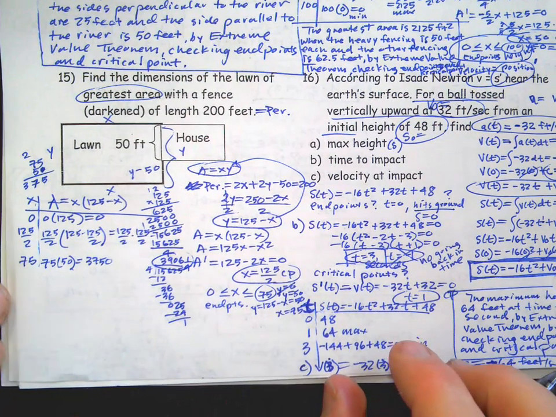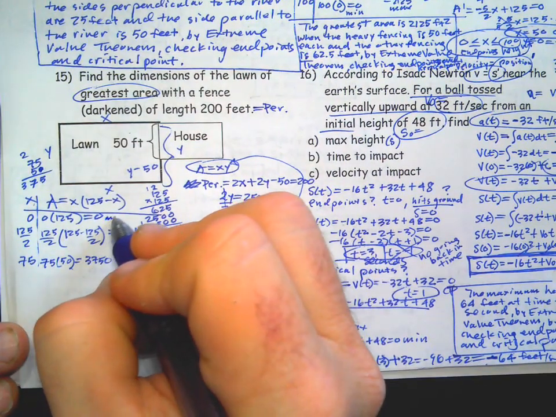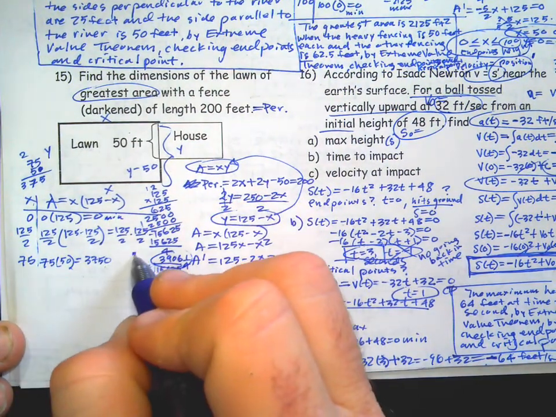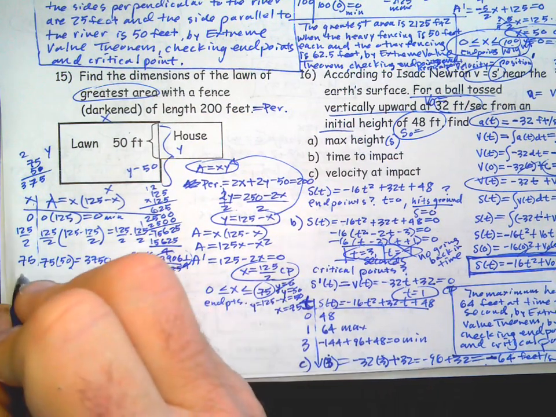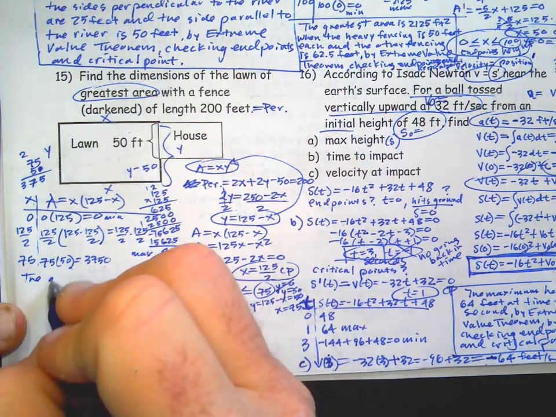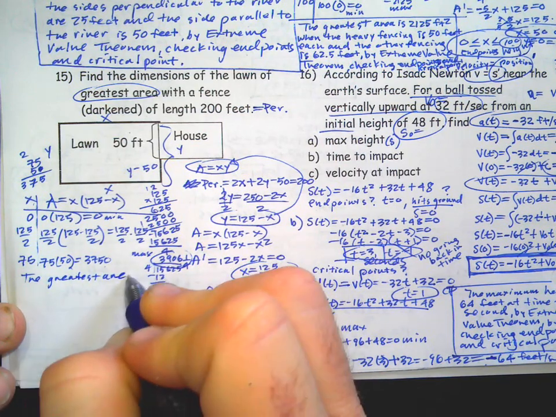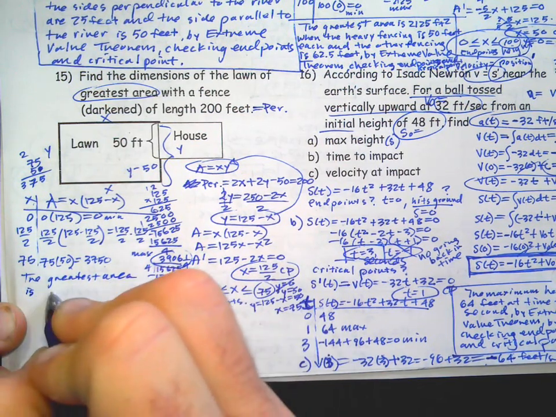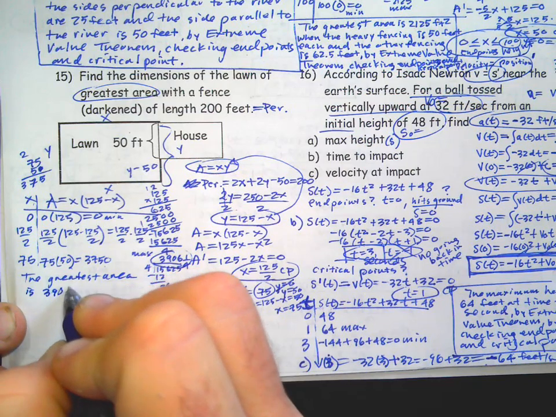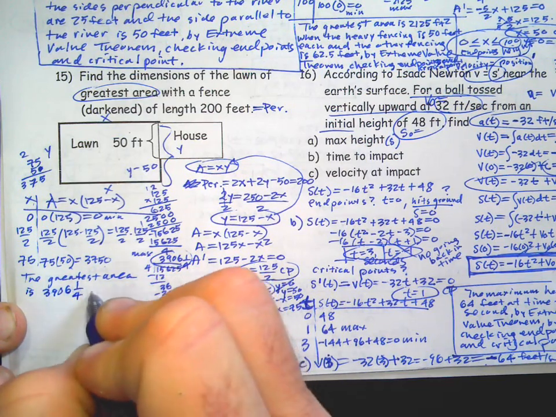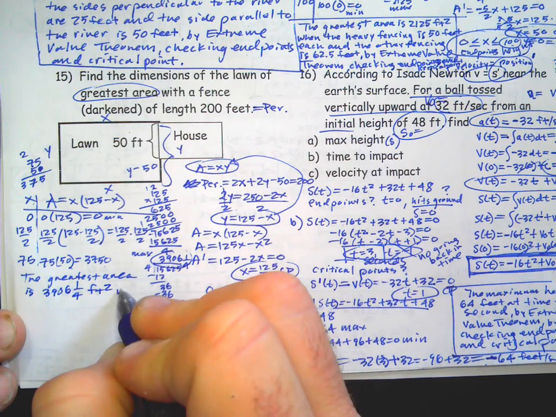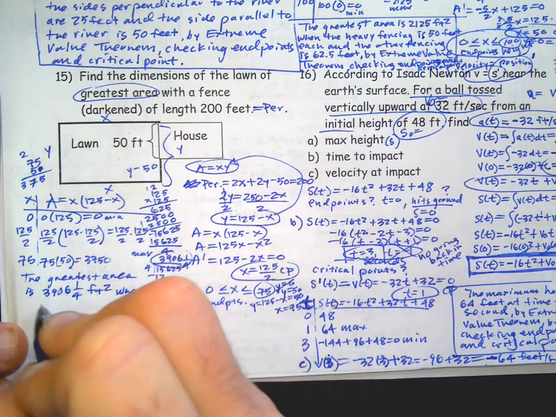Okay. So this is the min. This endpoint is really close, but this ends up being the max. So we're going to say the greatest area, which is another way of saying maximum, is 3906 and 1/4 feet squared.